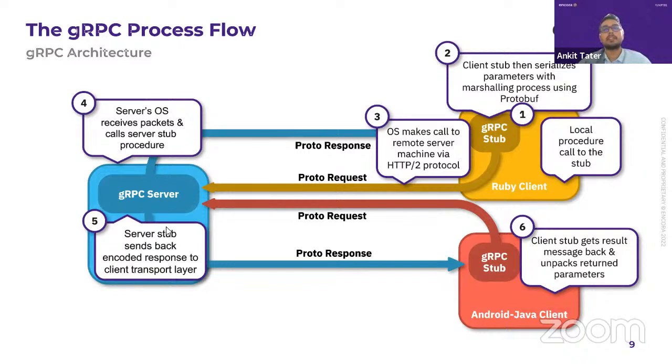The server stub unpacks and deserializes the data, and then the gRPC server reads the data and performs whatever you asked for, and then it returns the response to your client. The response is again handled by the client system, which unmarshals it, and this is how gRPC works.